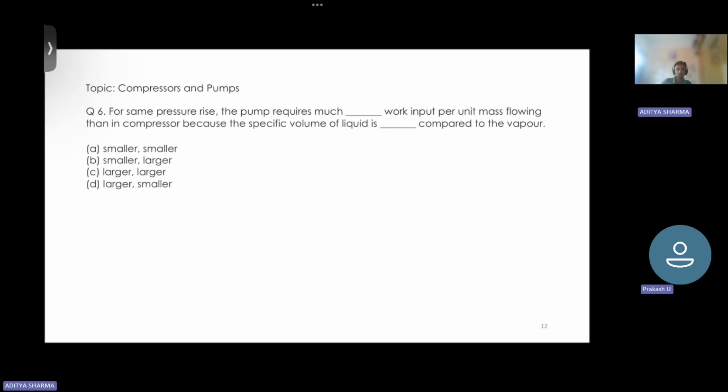Option B. Smaller, larger. This is what Prakash says.